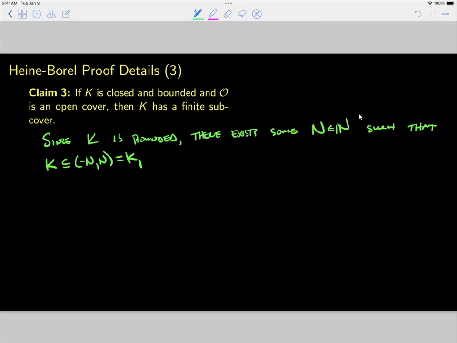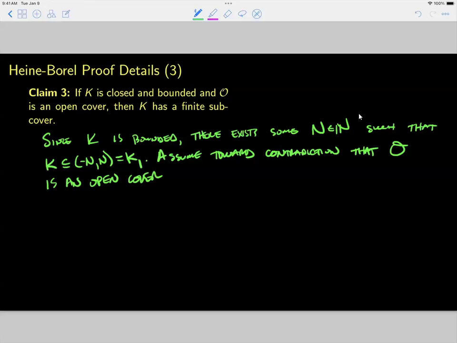Now, I'm going to assume towards contradiction that O is an open cover with no finite subcover.